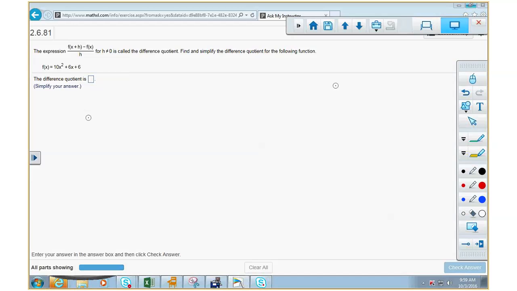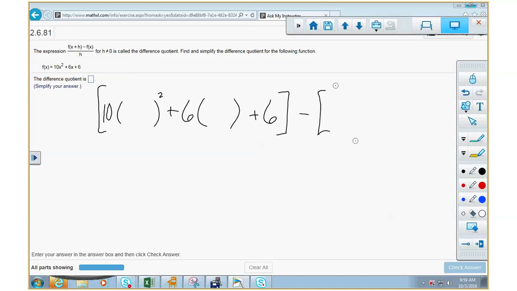So, f of x plus h. That means I'm going to rewrite the equation with a big set of what? Here's my equation. And then I'm going to subtract my original equation, 10x squared plus 6x plus 6.